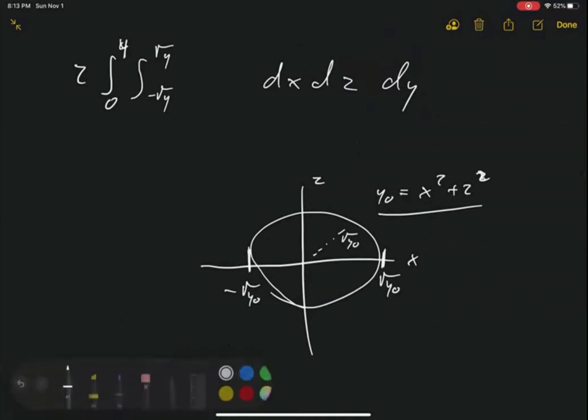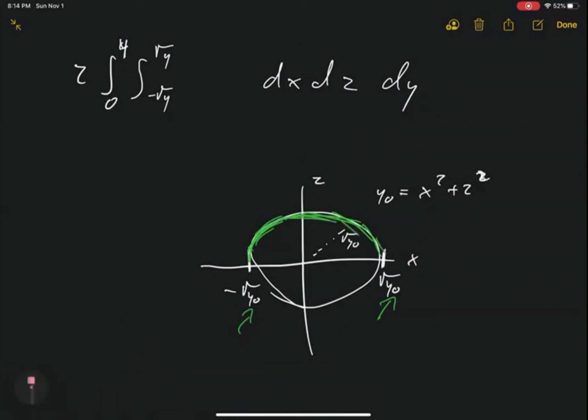And then what are my z bounds? It's kind of like section 15.2 material, where I've picked my constants, pretending these y0s are constants, and then what are my function bounds? Well, one of them would be this top curve here, which I need to write in terms of z.